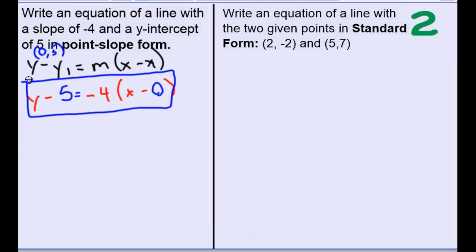Our next problem, we need to write an equation of a line with the two given points in standard form. So our first two given points we need to use to find our slope.